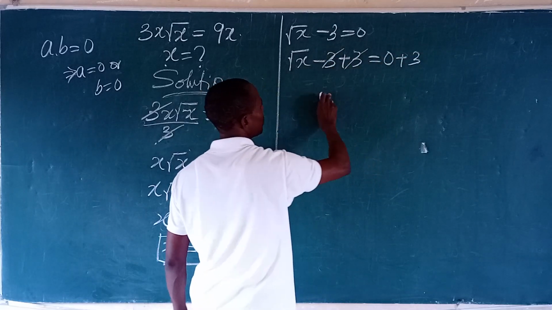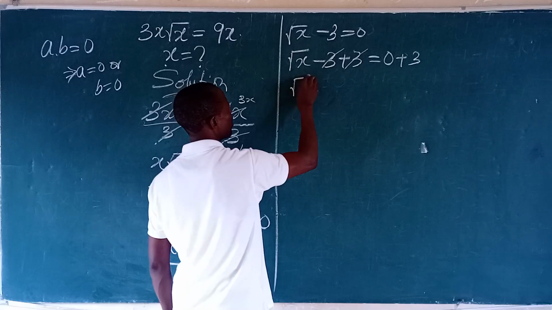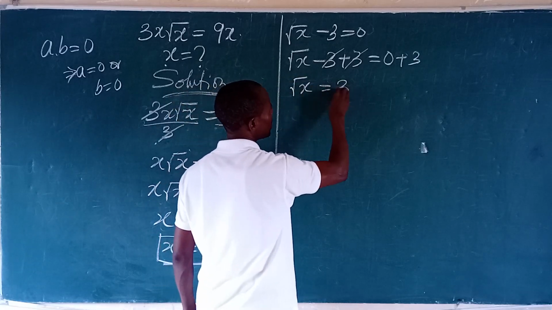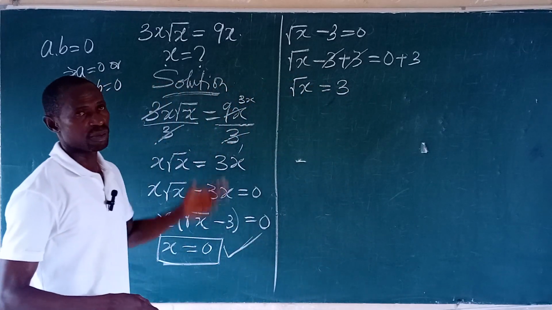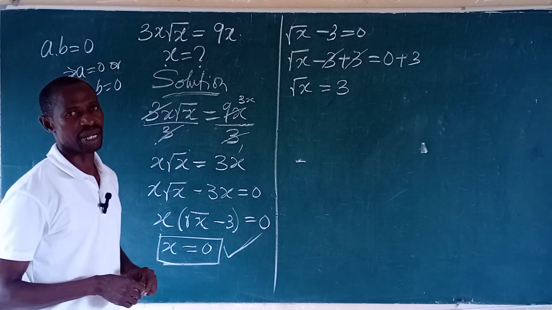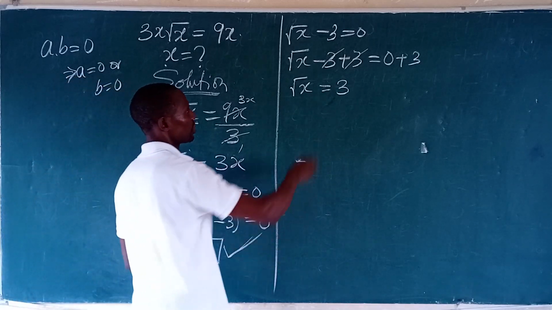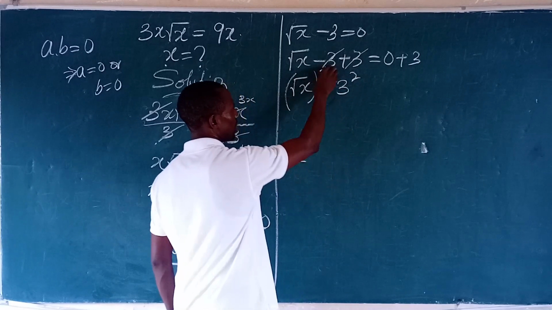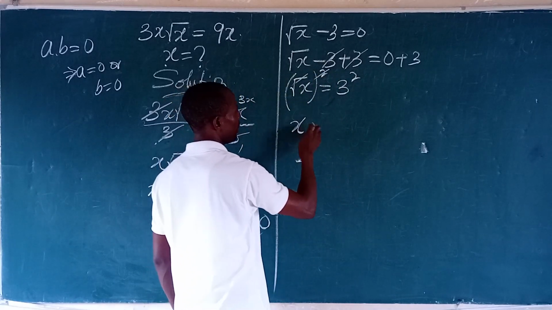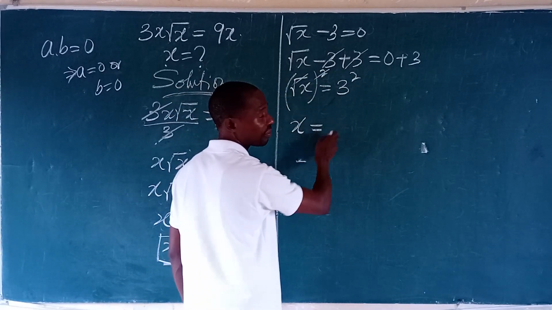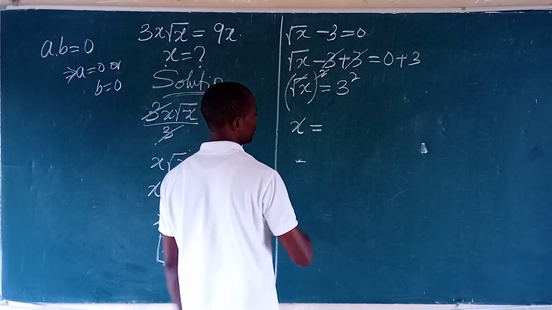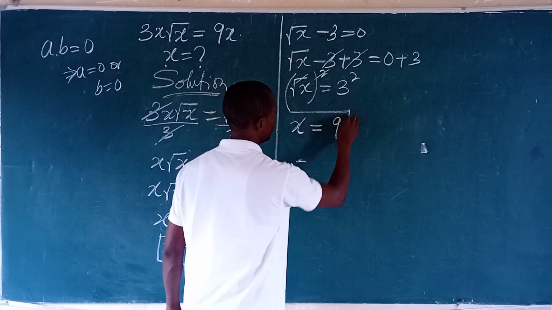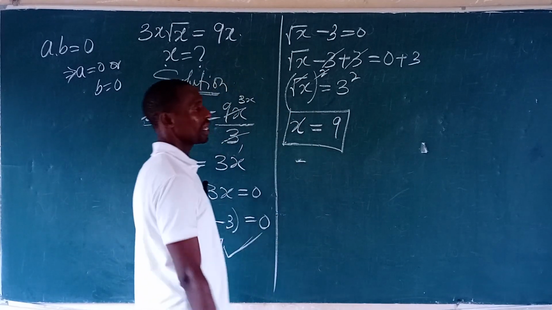Minus 3 plus 3 leaves the system, so we have the square root of x equal to positive 3. Here is a radical. To do away with it, we square both sides of the equation. So we now have x equal to the square of 3, which gives us 9. So the second root is 9.